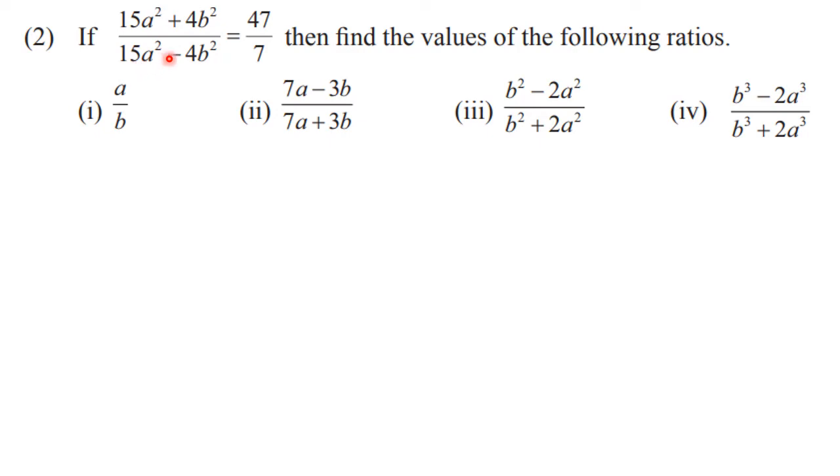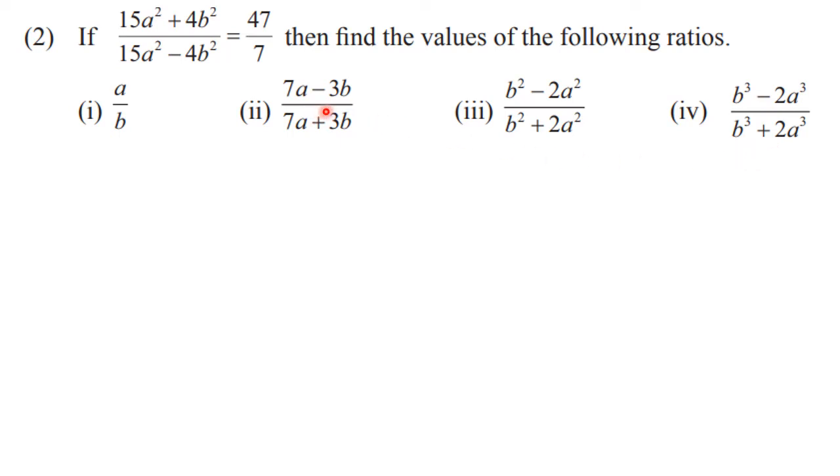Here we are provided with the equal ratios, but the ratio is different. 15a square plus 4b square upon 15a square minus 4b square is equal to 47 upon 7. Then find the values of the following ratios. Here we have to first find out a upon b, and by using that a upon b we will find out the remaining ratios. Okay, as we have done in the previous question.